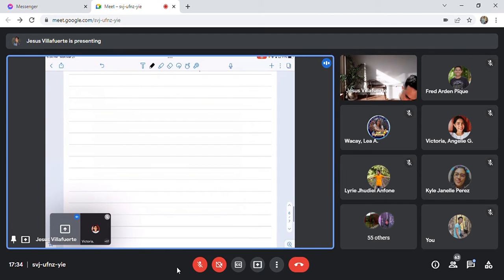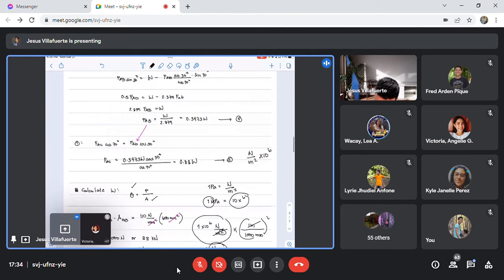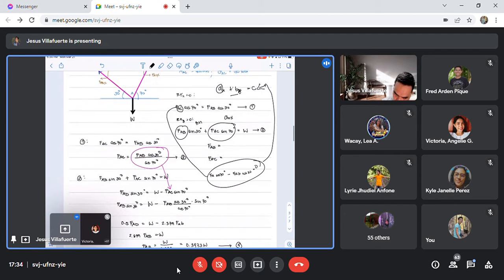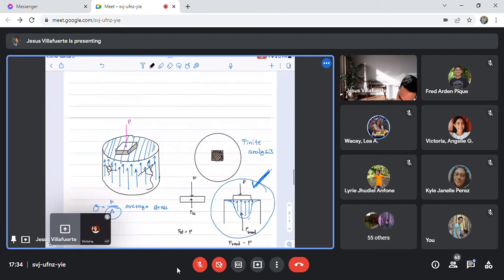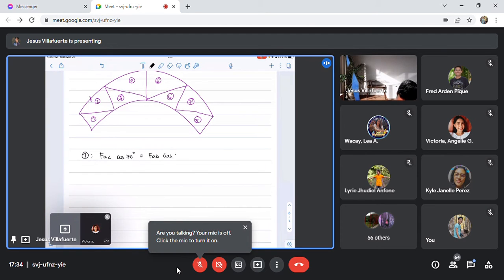Equation 1: FAC cos 70 is equal to FAB cos 30.